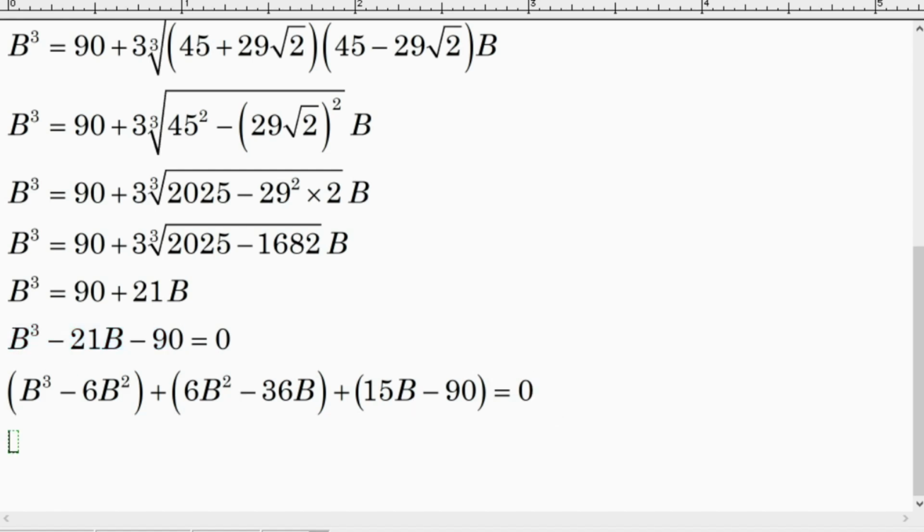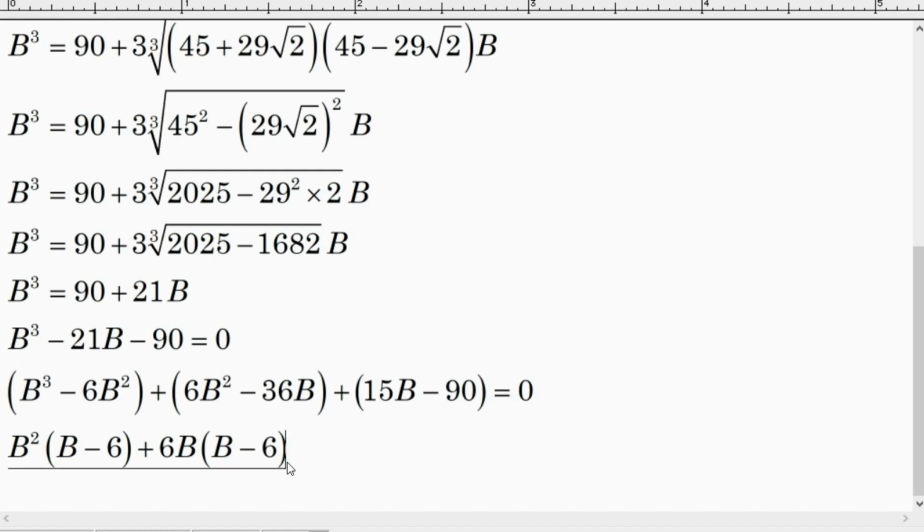So now we can factor. For this term we have b squared, so factoring b squared, we get b minus 6. And then plus, we have 6b squared and then minus 36b, so we can factor out 6b, and we get b here, and here we get minus 6.